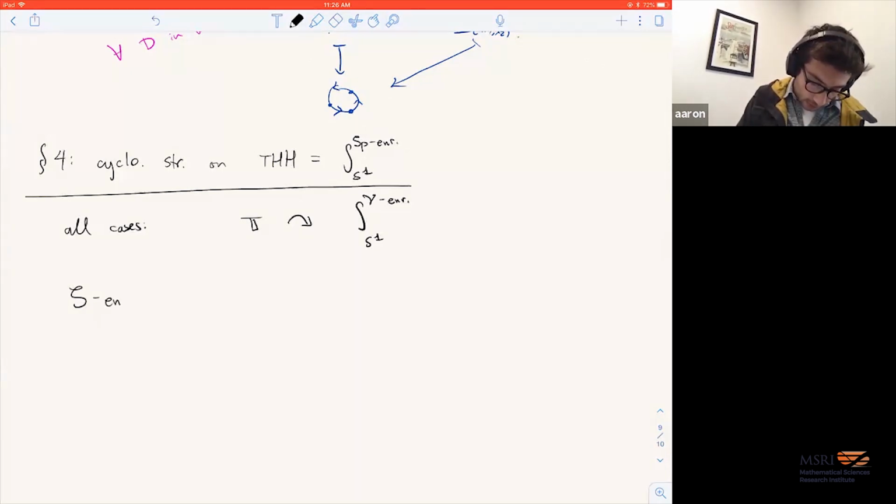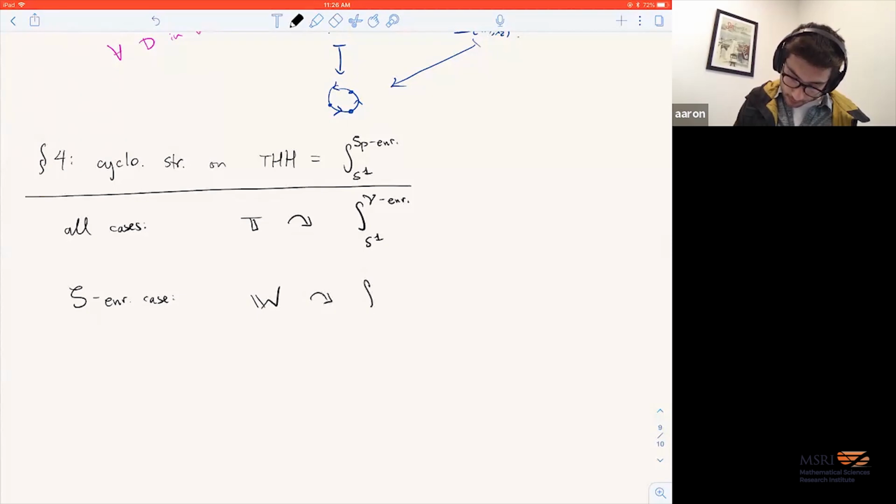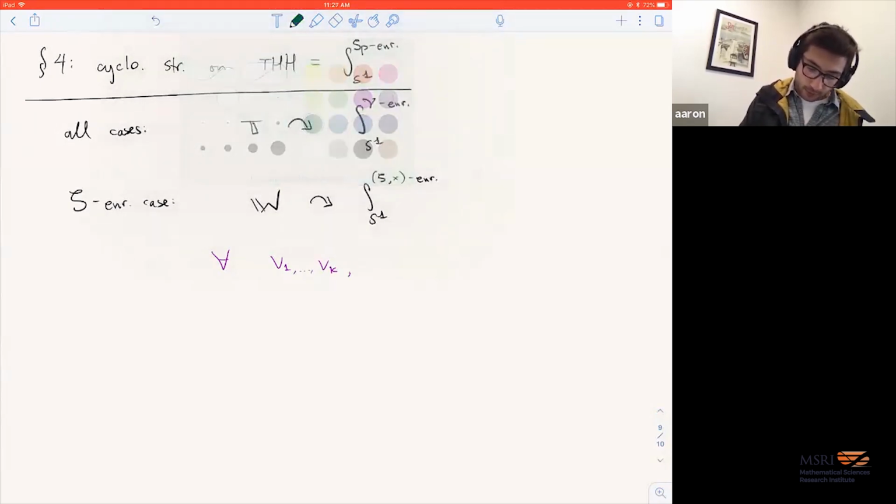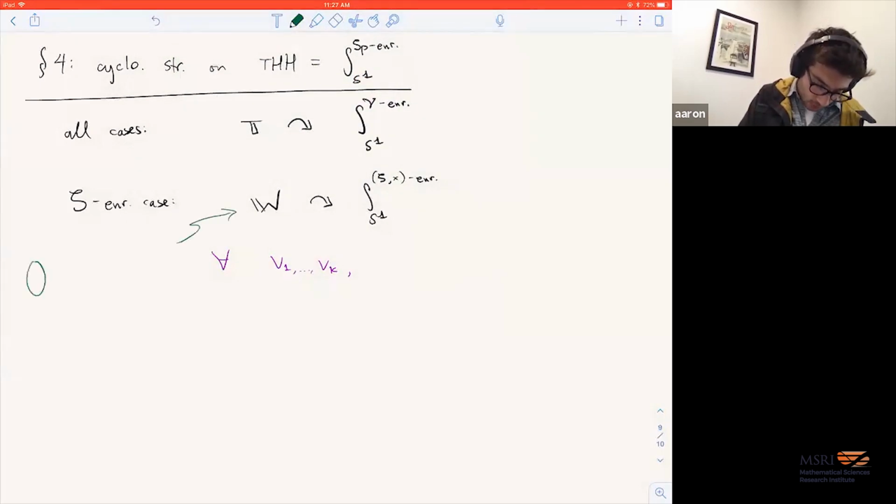For the spaces enriched case, this extends to a W action. Let me emphasize that this is spaces Cartesian symmetric monoidal. And so what's going on here is that for any spaces V1 up through Vk, what's happening, so the W action is coming from, remember, covering maps.